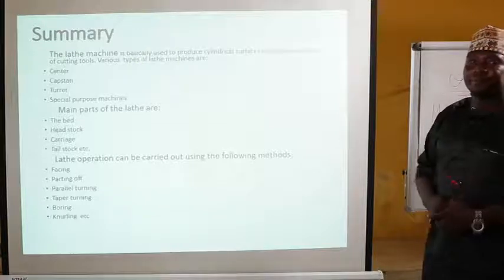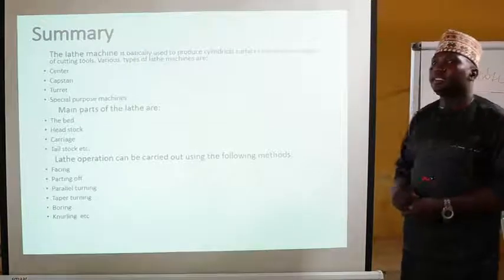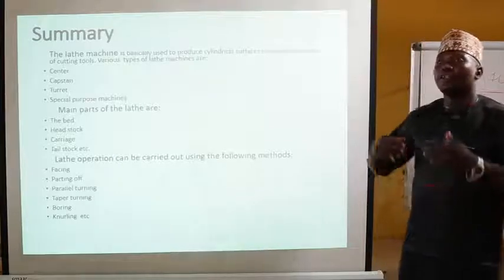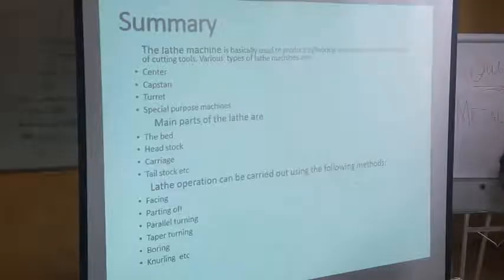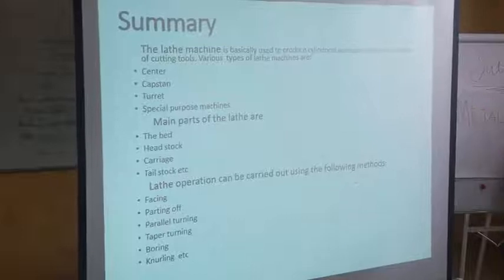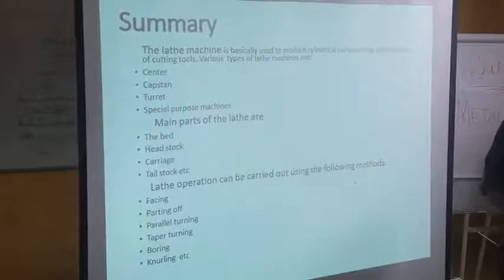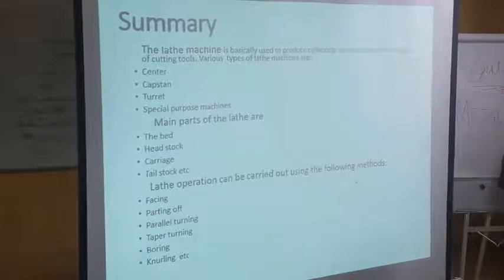In summary, the lathe operation is done on a machine tool called the lathe machine in order to produce cylindrical surfaces, either internally or externally, using various cutting tools. Then we have the types of lathe. One, we have the center lathe, the capstan lathe, the turret lathe.